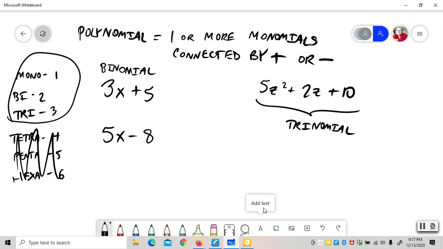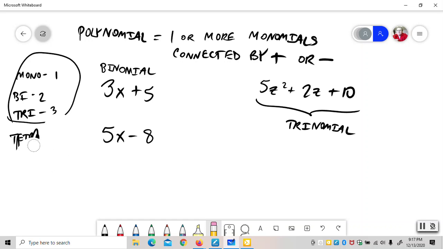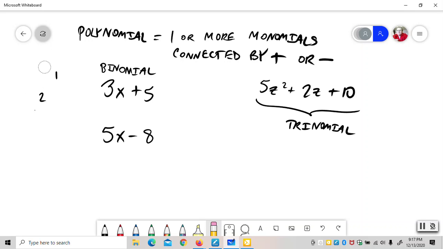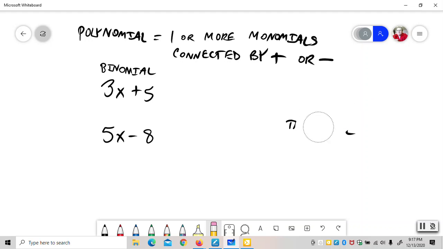Okay. So what we're looking at today is how you multiply these guys. But I want to just kind of review conceptually how you add and subtract them.